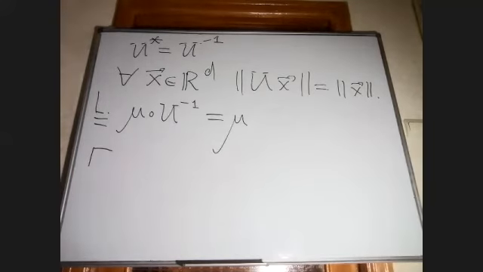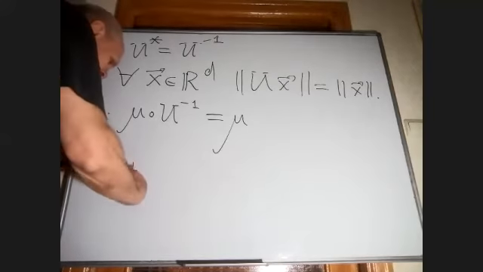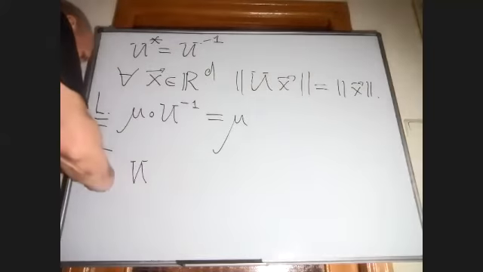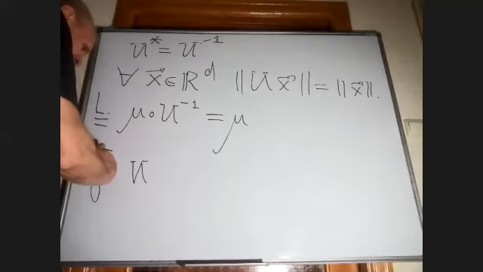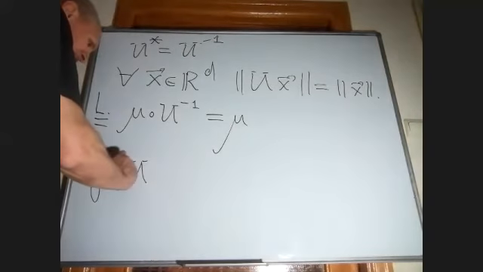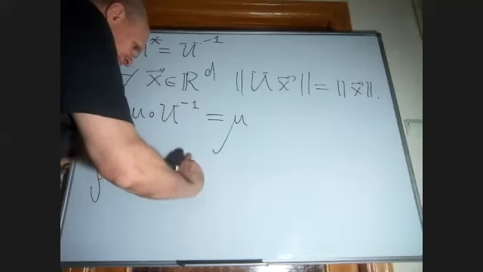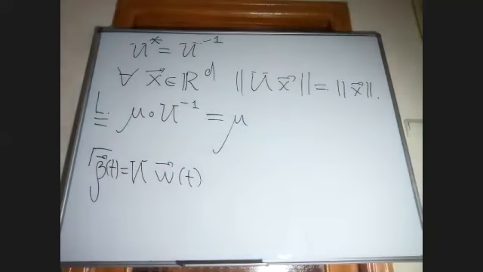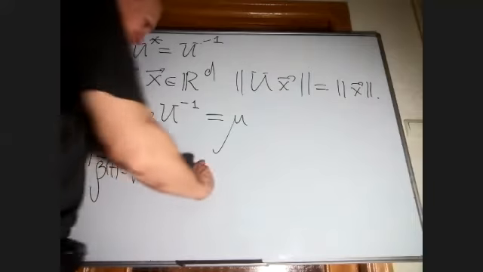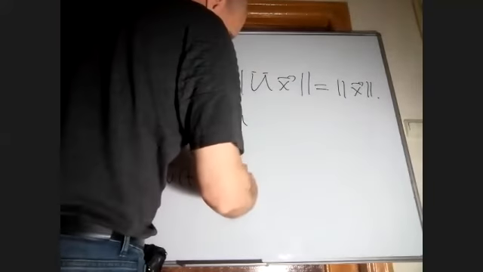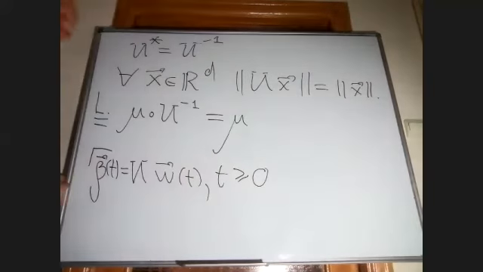First of all, let me introduce a new Brownian motion. It will be beta_t, which is U of W_t. I said that this is a new Brownian motion. We have to check this. How will we check?